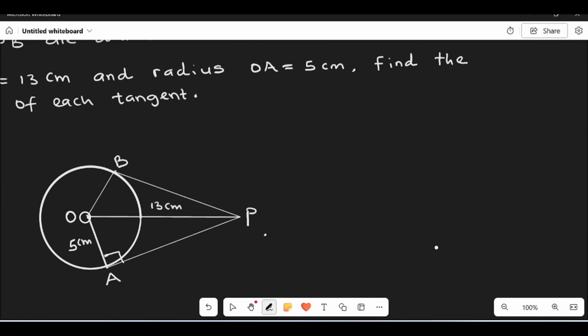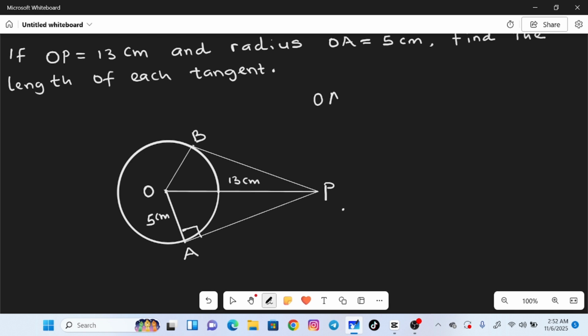We can say OA square plus PA square equal to OP square.